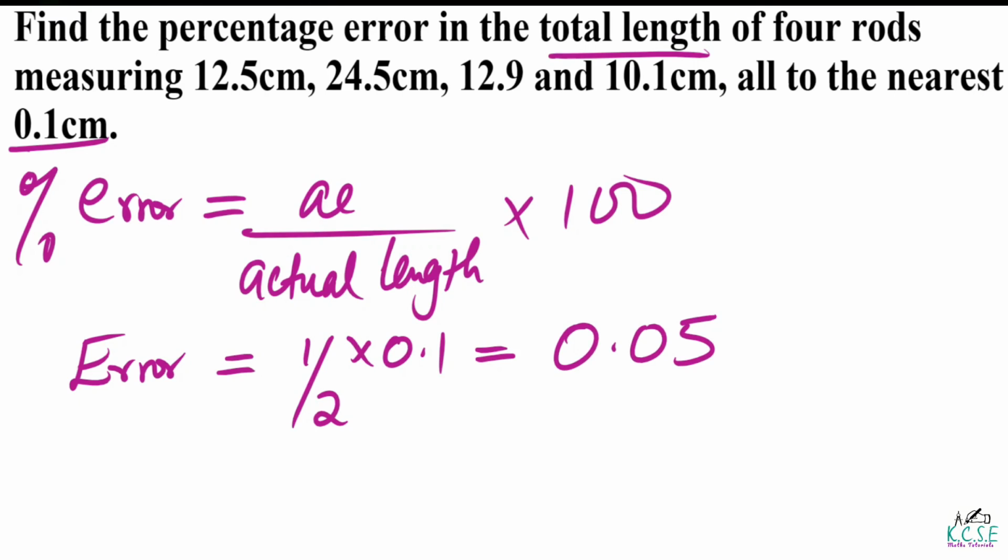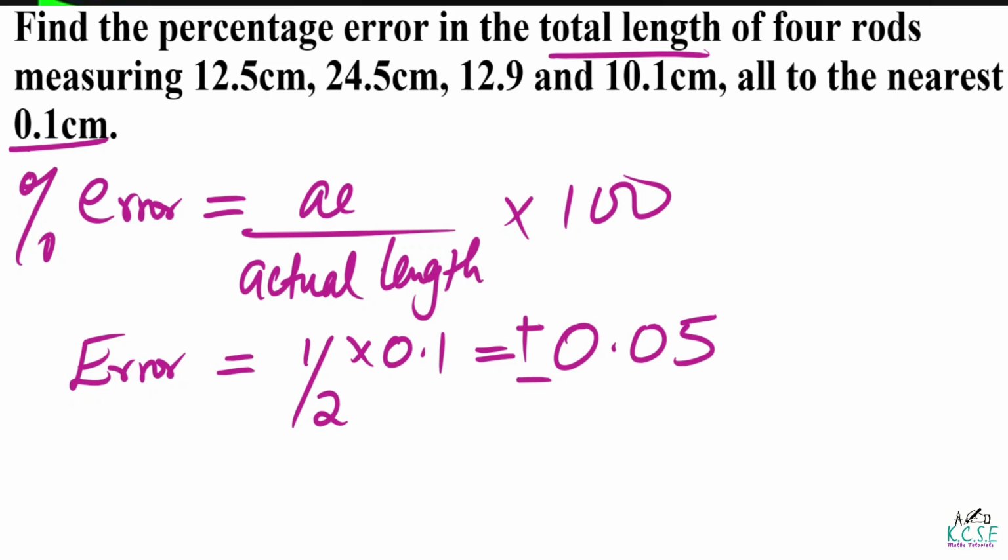We get 0.05. Therefore, to obtain the limits, we add or subtract 0.05 to each of these measurements.